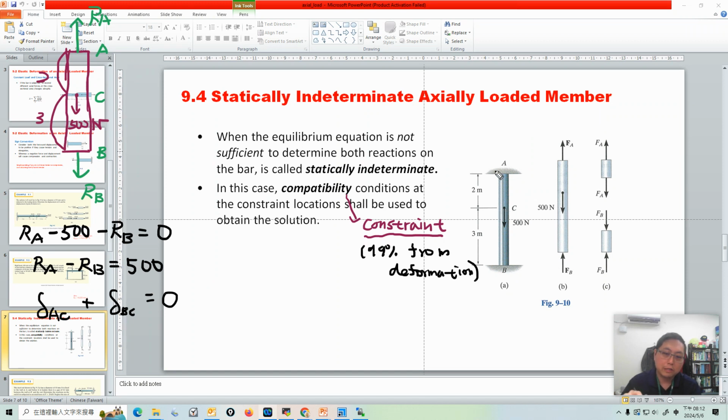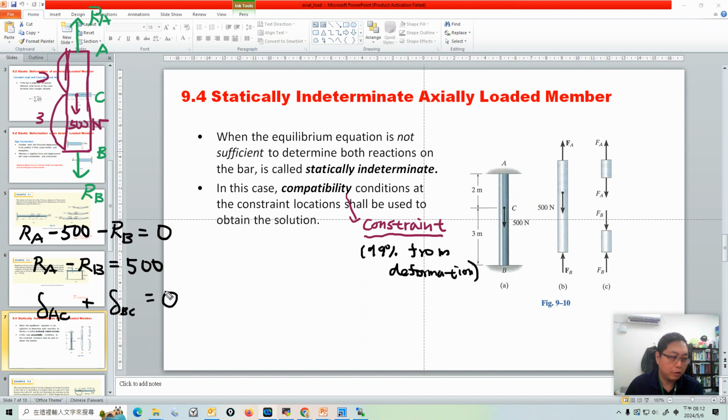This is because the bar is constrained between A and B. Here AC is the extension and CB is the contraction. The extension of AC must be equal to the contraction of CB because this bar is confined in this space, so the amount of extension here must equal the amount of compression there.